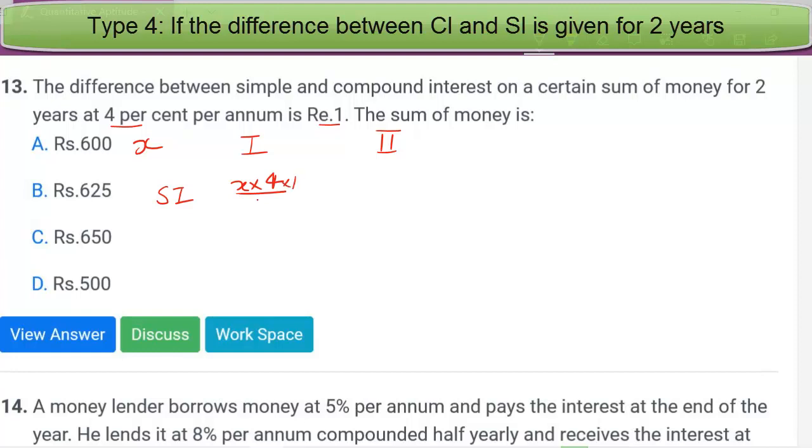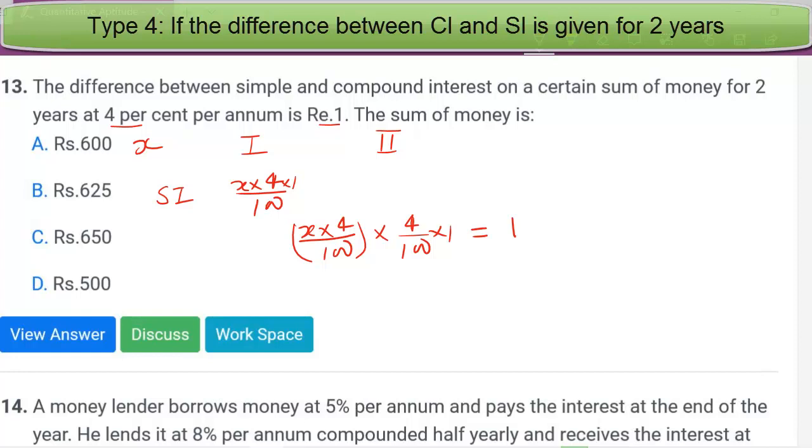This interest only is giving you the difference, right? So I will apply this concept: X into 4 by 100 multiplied by the rate of interest, again 4 by 100, multiplied by 1, is equal to 1. Now you can calculate this.